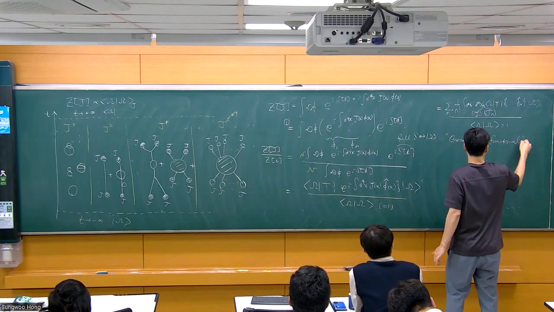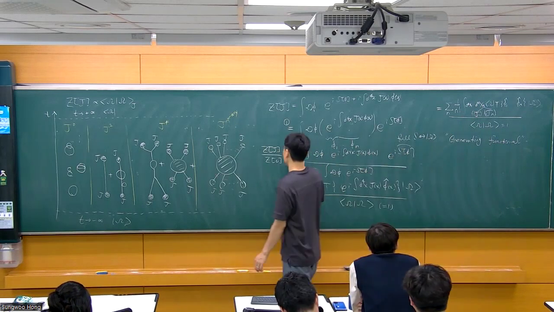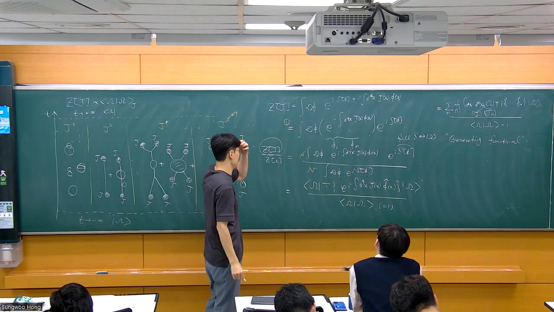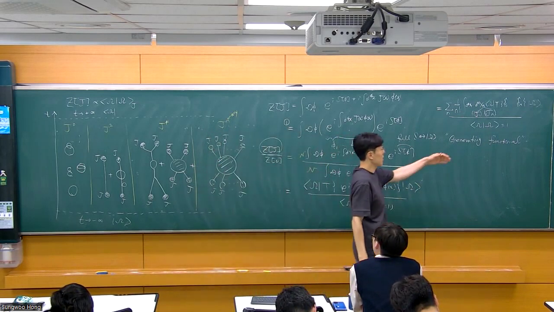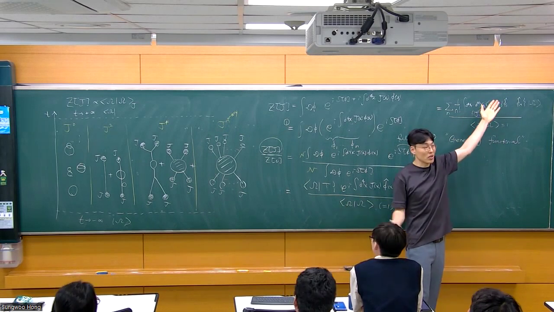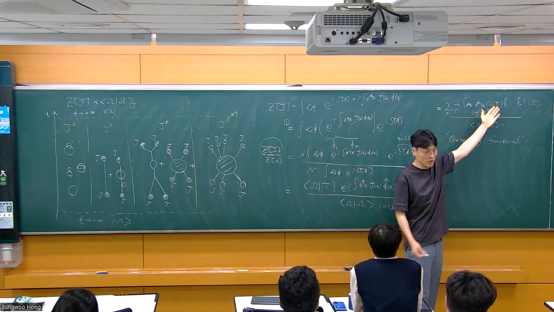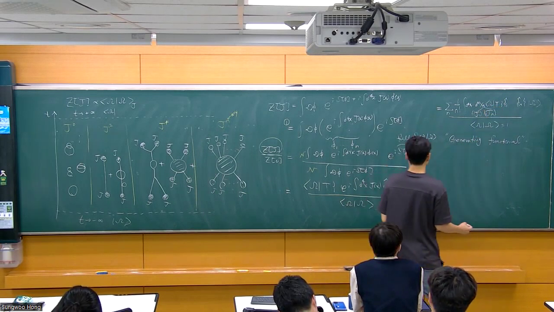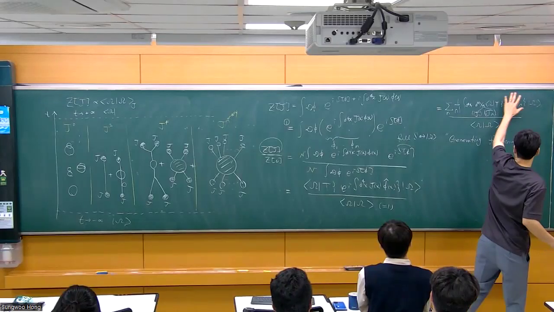Because if you know how to compute this single object, this generating functional, you can now simply learn how to extract an n-point function, and the answer is you just need to do the formal functional derivative. Okay, so let's establish that and then we'll end. So how do I extract this coefficient?